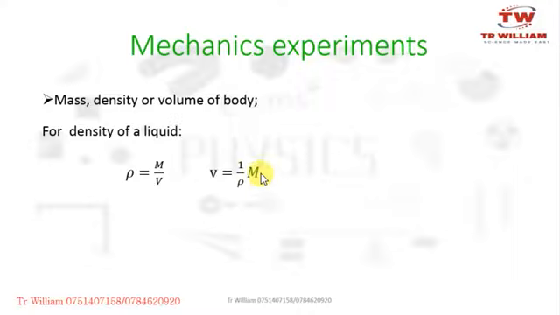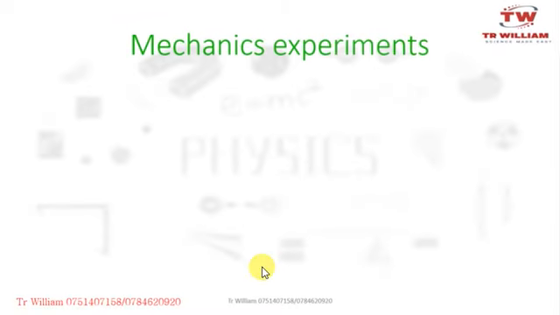So if I vary my volume and measure the corresponding mass, I'll have several values of volume and mass. I can plot them, and the slope of that graph will be 1 over density. So I'll be able to get density from 1 over the slope. That is how you can determine mass, density and volume using the formula of density.